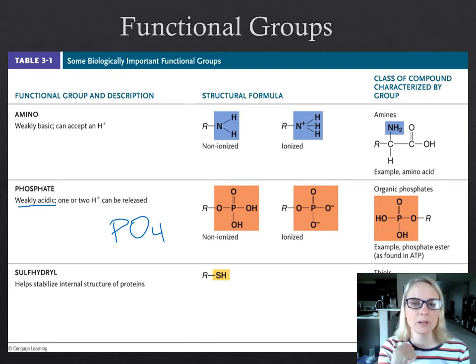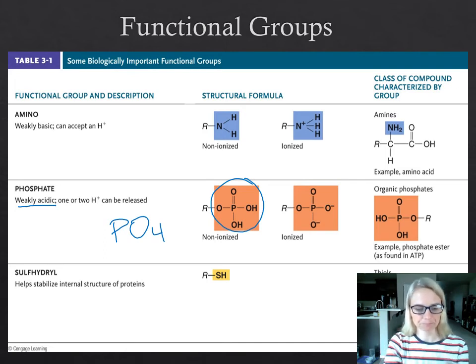We're going to see phosphate groups a lot in our cellular respiration, our cell communication, and our enzymes chapter. So whenever we talk about phosphate groups, just remember it's this big collection of a phosphorus atom, 4 oxygens, and sometimes a couple hydrogens, depending on if it's ionized or not.